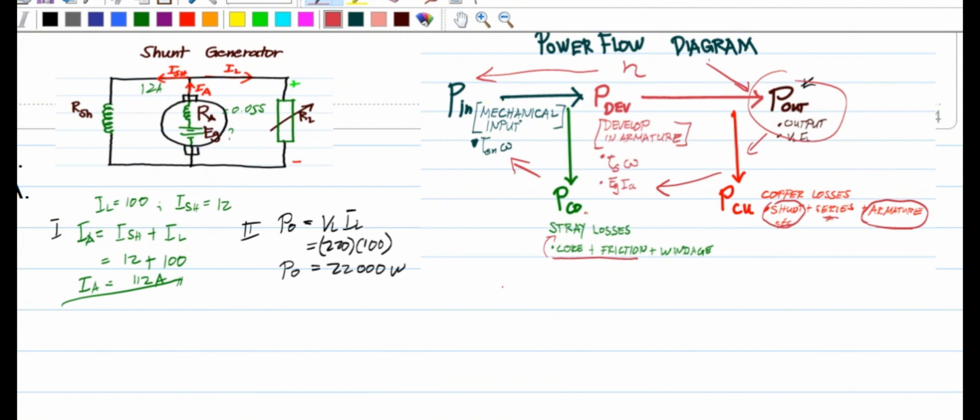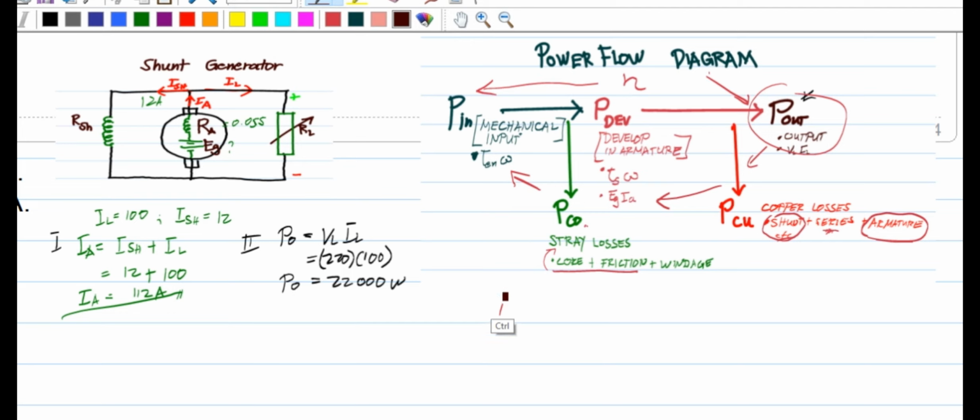Therefore, P in is equal to P out plus total losses.